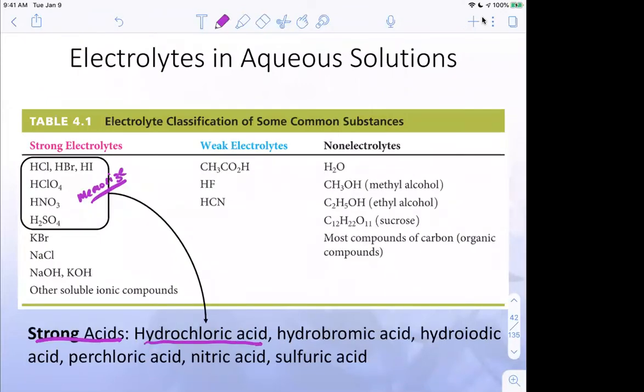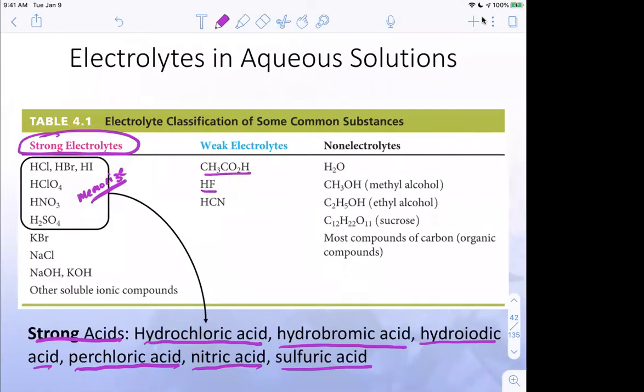Hydrochloric acid, HCl. Hydrobromic acid, HBr. Hydroiodic acid, HI. Perchloric acid, HClO4. Nitric acid, HNO3. And sulfuric acid, H2SO4. They are all 100% dissociated into ions, so they're considered strong electrolytes.